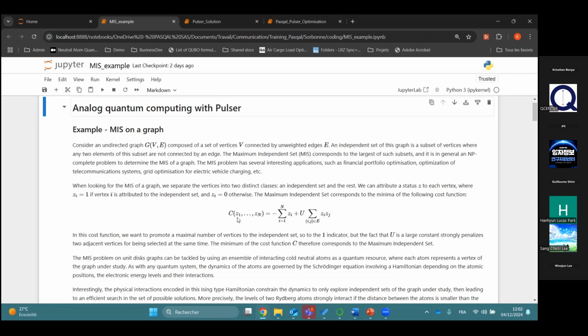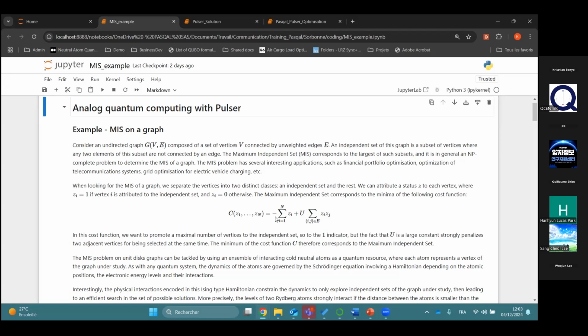So it is 1 if we put the specific vertex, the specific node, into our independent set selection. It is 0 otherwise. Therefore, if we sum up all these indicators, it gives us the size of the independent set, the size of the set we have selected.